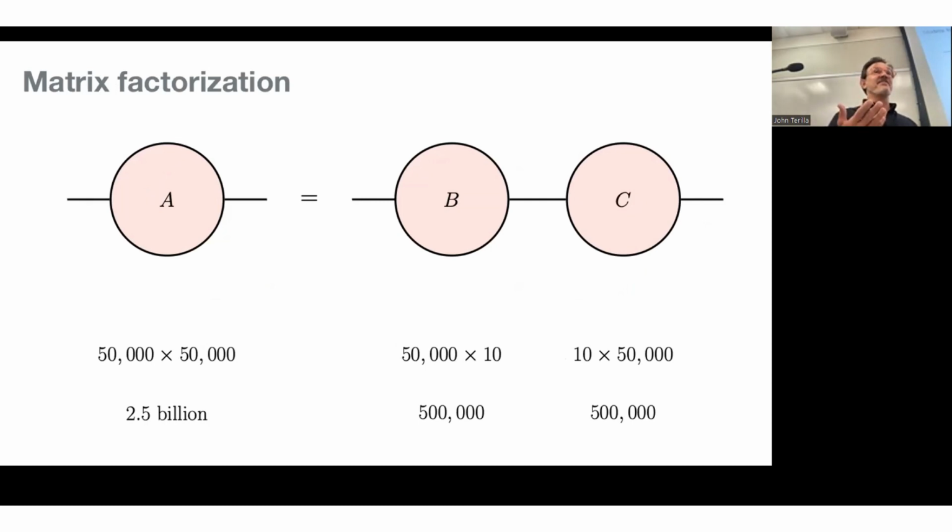You can see right away there are some necessary conditions. For example, to factor it as the product B times C in the way that's pictured here, the rank of A has to be at most 10. So that's a pretty serious restriction. If you pick 2.5 billion numbers randomly, generically speaking, the rank is going to be 50,000.